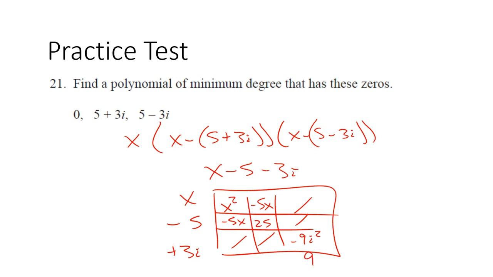So we're going to have x squared minus 10x plus 25 plus 9 is plus 34. And there's an x on the outside. Don't forget about that one. x cubed minus 10x squared plus 34x.